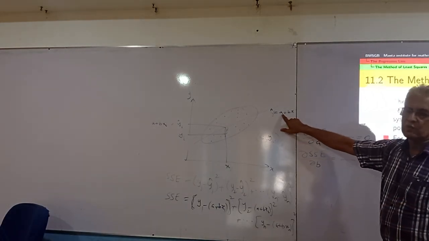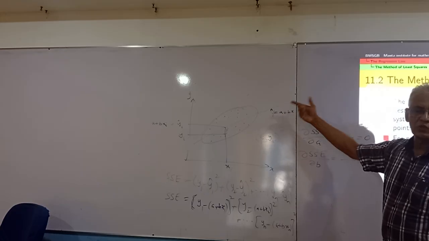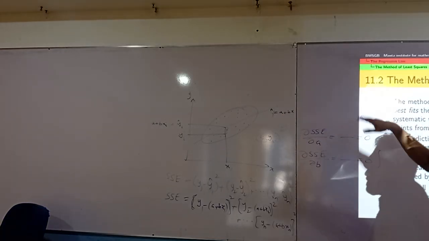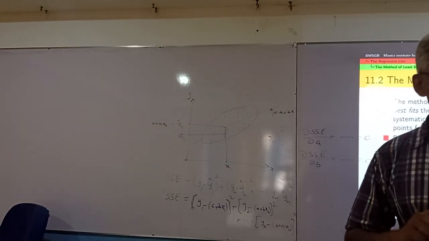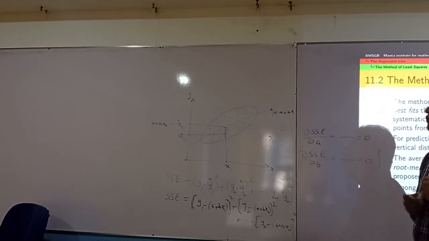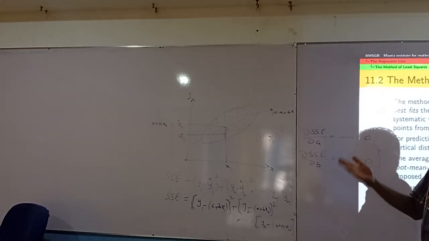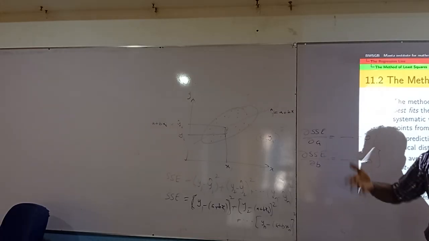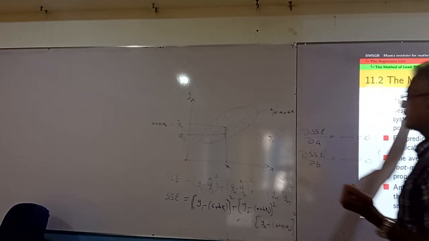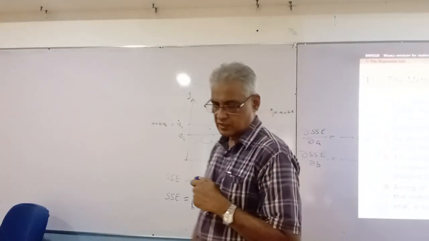For example, A is equal to 5 maybe, B is equal to 2, or whatever you are getting from here. So that line that you get is called the least squares regression line. So that is actually the line that would give you the minimum sum of squares of errors. So that's what this particular method is.